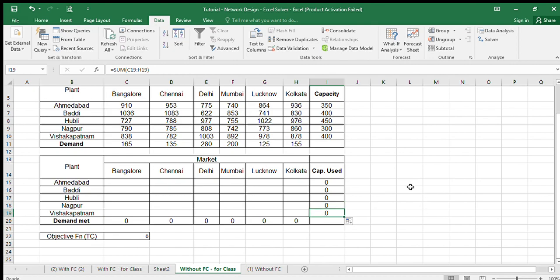So we have taken the summation of both the rows as well as the columns. If you recollect the model, in one constraint you have the summation of Xij where j varies, and in the other you have the summation of Xij where i varies. For example, in the demand constraint, the left hand side is the summation of Xij where j is constant but i is varying.